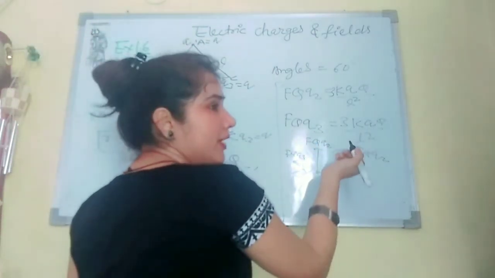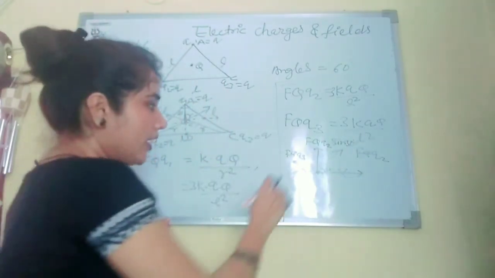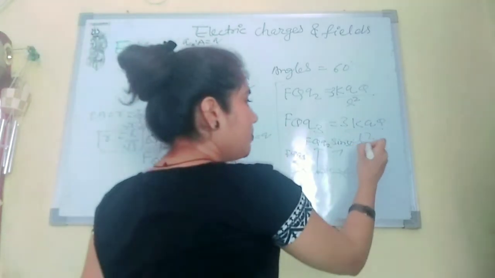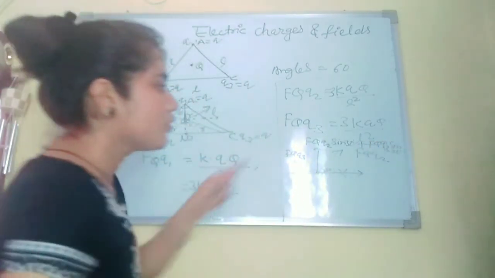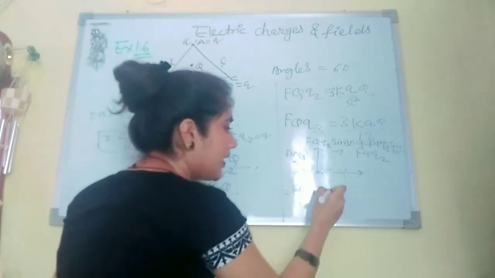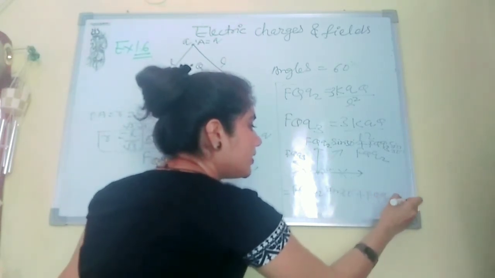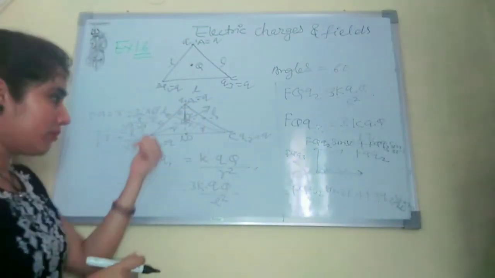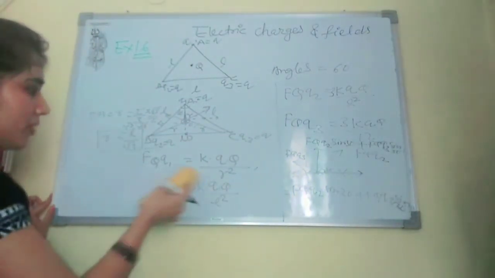So this will be simply sine 30 if we take the component on y-axis, and similarly the component of this if we are taking on y-axis, that will become plus FQQ3 sine 30. So what will it become? I'm writing here FQQ2 sine 30 plus FQQ3 sine 30. Okay, just note it down, and I'm going to rub it or take a screenshot.